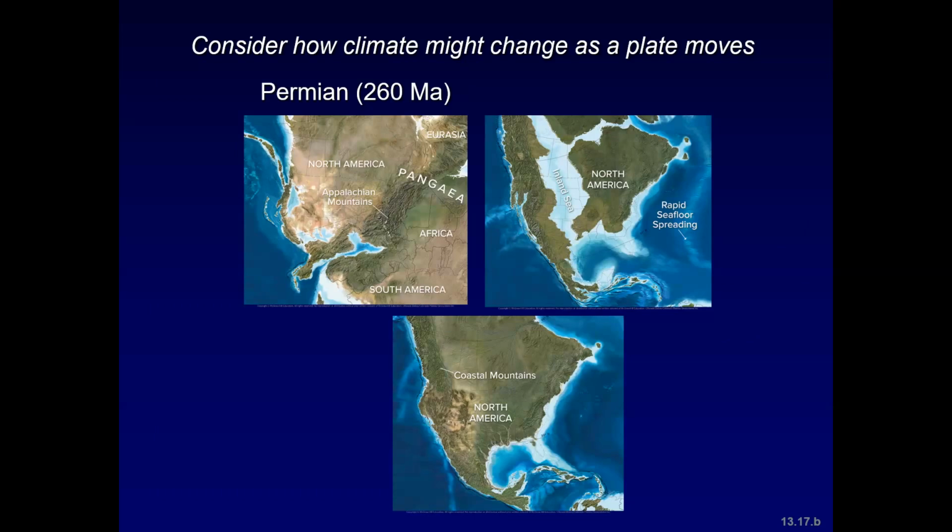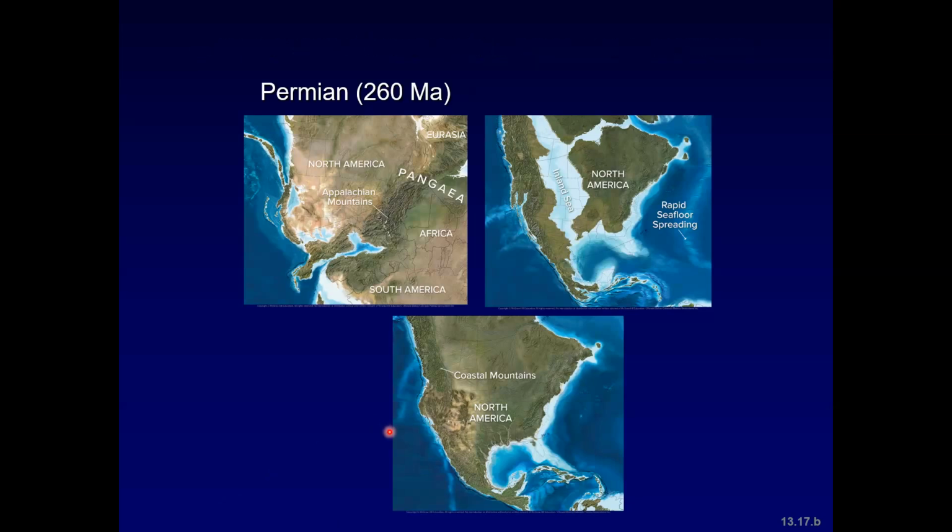So, how could climate change as a plate moves? We're looking back 260 million years ago to the Permian, where North America was part of a supercontinent. The Appalachian Mountains were young, newly uplifted. They would have caused huge rain shadow deserts to the west. And then in the Cretaceous, 75 million years ago, shallow seas were all across North America, this Cretaceous seaway.